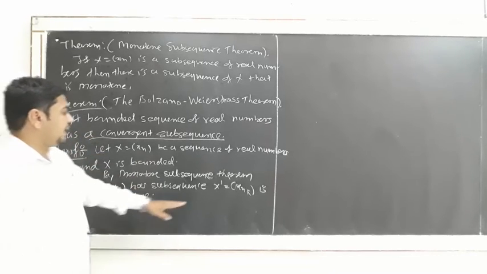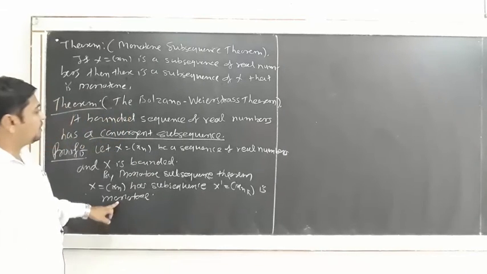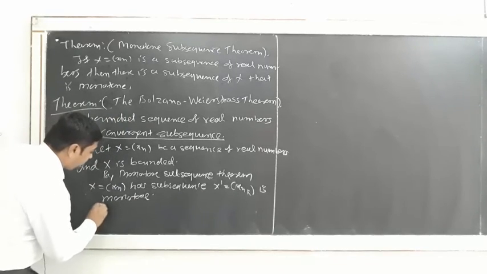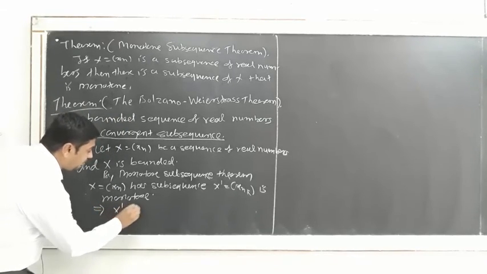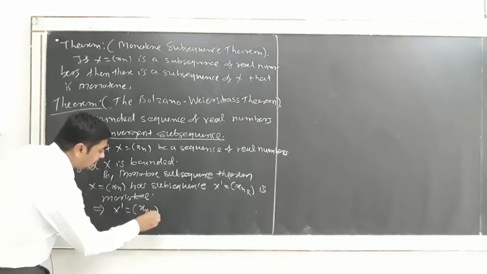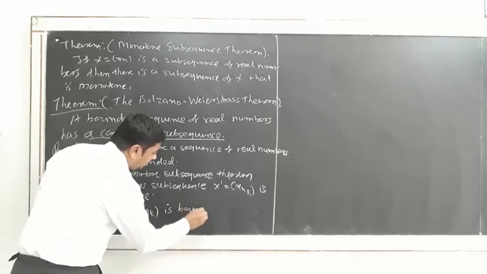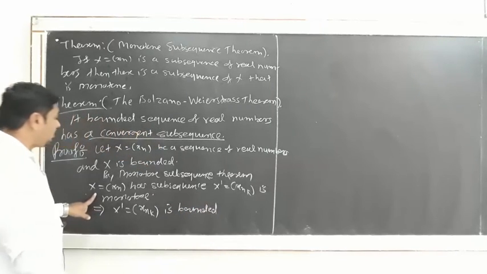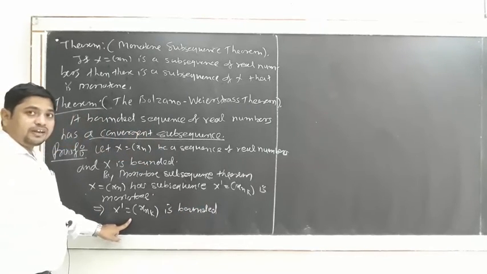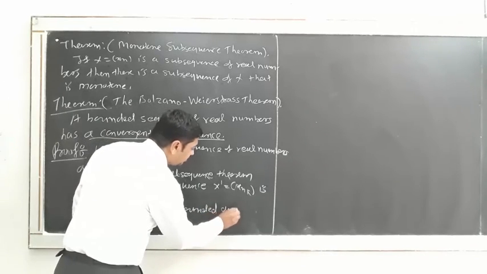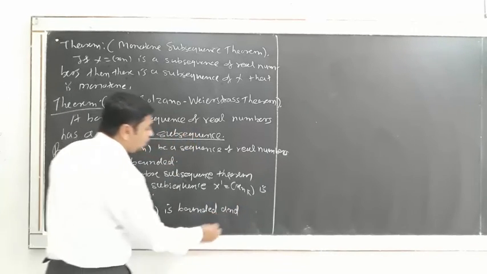We have (xnk) is monotone and we are given x is bounded. This implies that x dash is equal to (xnk) is bounded, because x is bounded, therefore (xnk) is also bounded, and this sequence is also monotone.